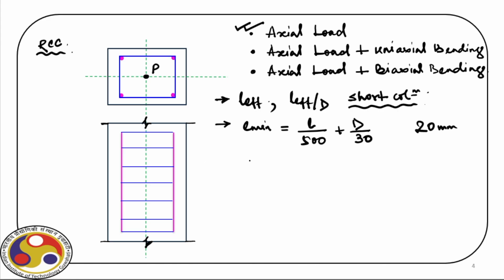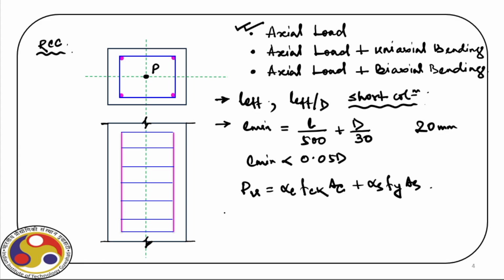Now, if this E minimum is less than 0.05 D, then we have a special recommendation. Otherwise, we have P ultimate equal to alpha C times FCK times AC plus alpha S times Fy times AS.